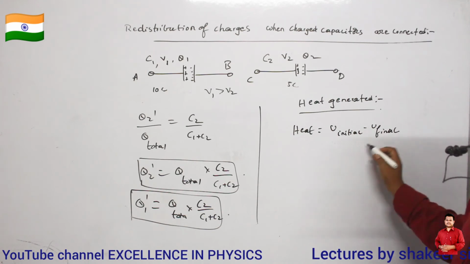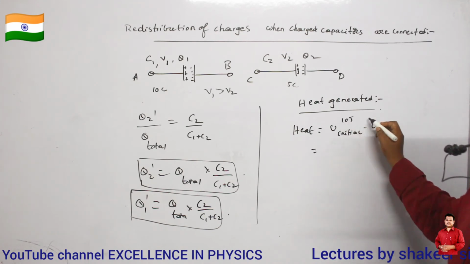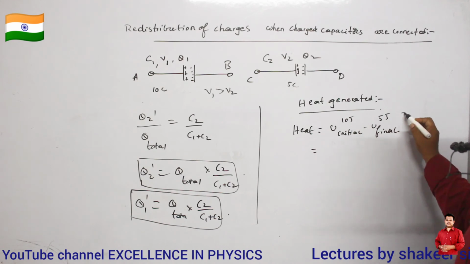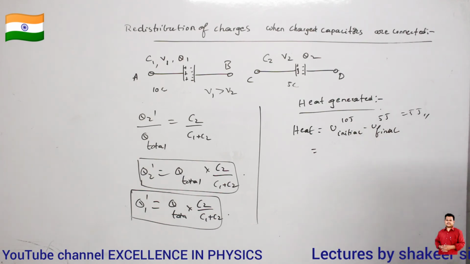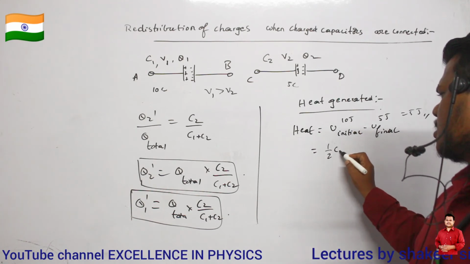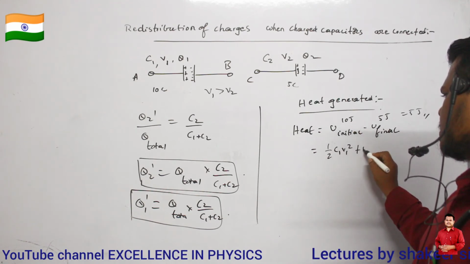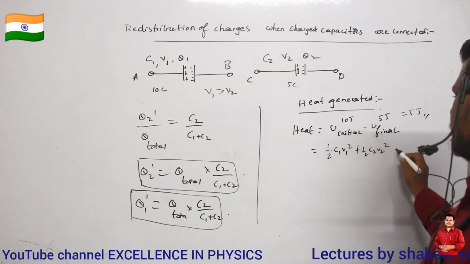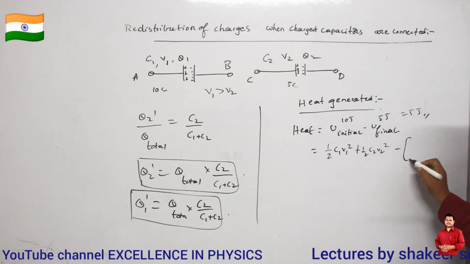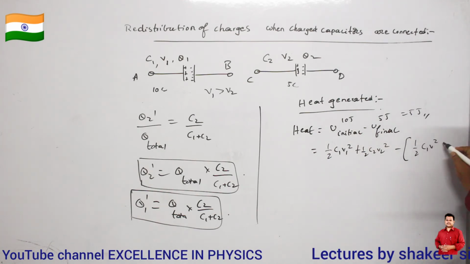If initial energy is 10 joules and final energy is 5 joules, then the loss of energy is 5 joules. In this method I can calculate. So heat generated is initial energy, half C1 V1 square plus half C2 V2 square, minus final energy, half C1 V square plus half C2 into V square.